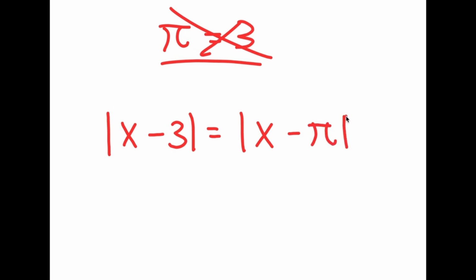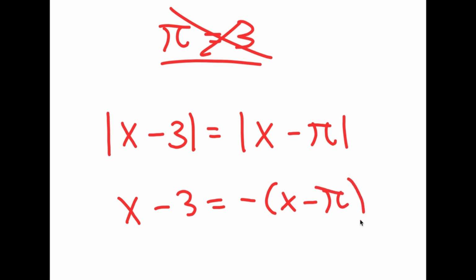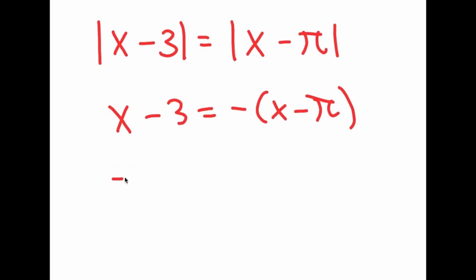So the reason this is so important is because now I get x minus 3 is equal to negative (x minus π), or also negative (x minus 3) is equal to positive (x minus π), since we're taking the absolute value of these two.